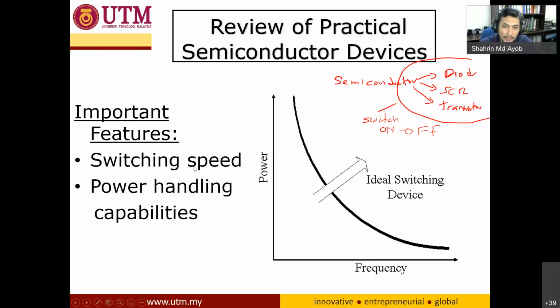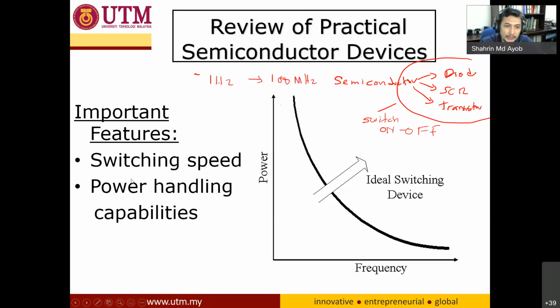Some devices have limitations in terms of switching speed and cannot switch at very high switching frequency. The switching frequency in power electronics can be from 1 hertz to maybe 100 or even 1000 megahertz. That is the switching speed, the first feature that you need to consider.